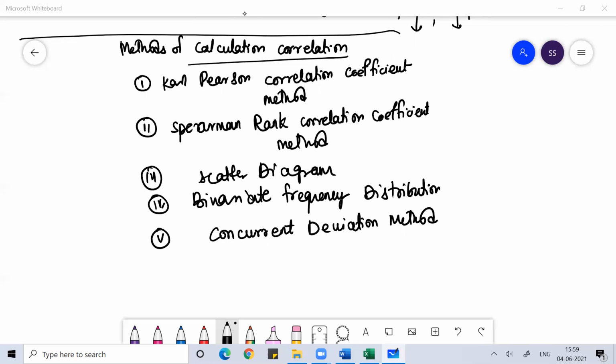So these are basically five methods to measure the correlation coefficient. One by one, we'll try to study each method. Out of this, the most important is Karl Pearson. So in the exam, you'll get a numerical on Karl Pearson. After Karl Pearson, the next important one is the Spearman rank correlation coefficient.